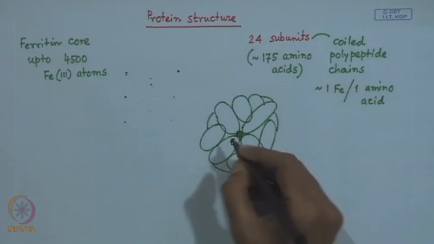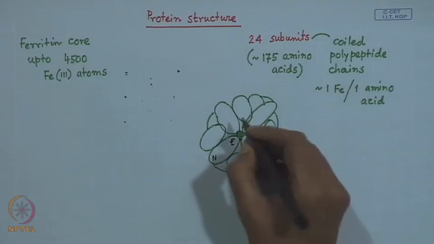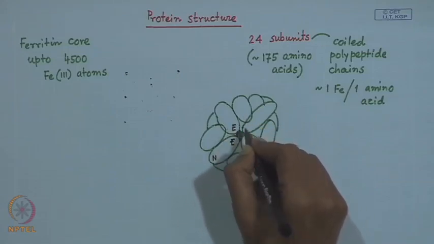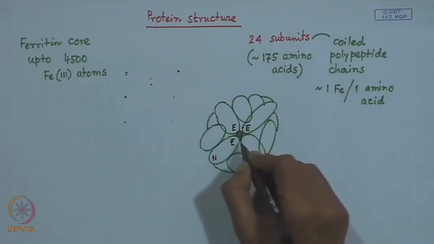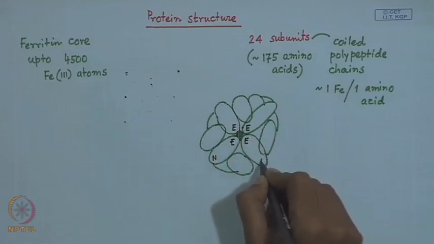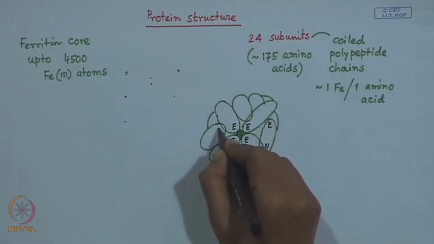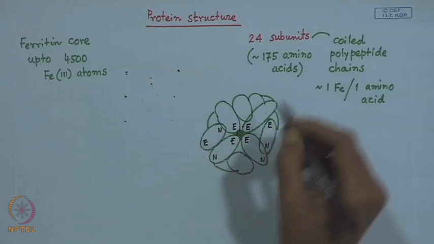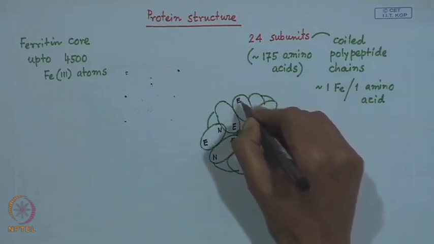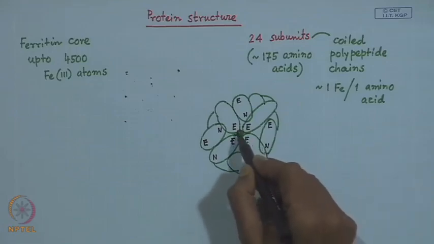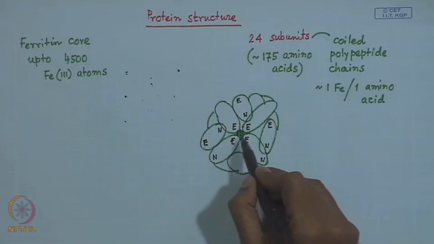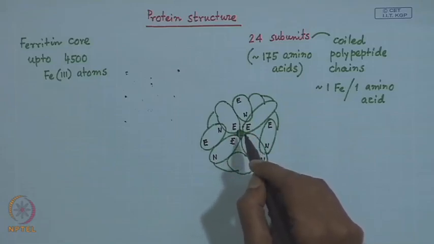So, the arrangement of these will give you immediately what we are generating, and some of these points are labeled as E and N. The coiling of these depends upon the amino acid residues present in all these coiled chains. This is N, this is E, this is N, this is E, this is E, and this is N. So, at this particular point it is a fourfold symmetry. At this fourfold symmetry, you see all these 4 E ends are attaching there.